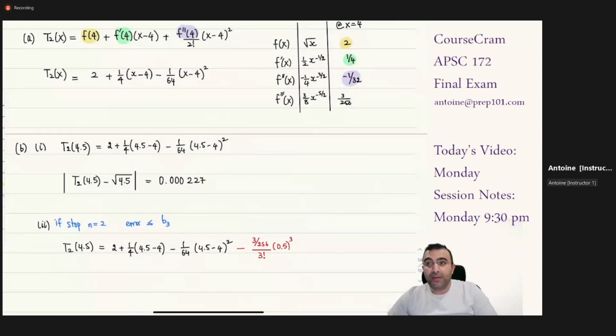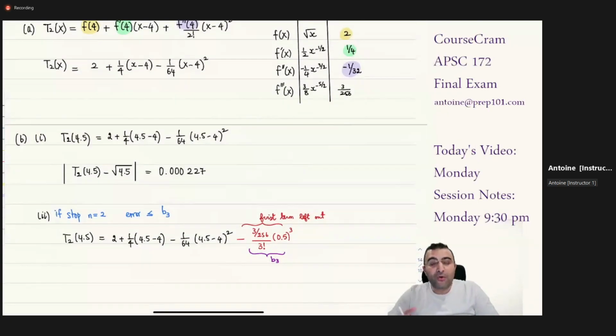Do we agree on this? This is the first term left out.